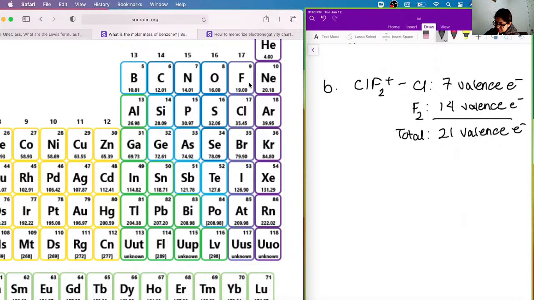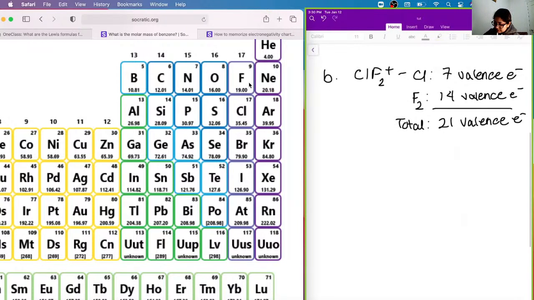Okay, and so now since we know that we have 2 fluorine atoms and 1 chlorine, we will have two bonds, and in those 2 bonds we would have 4 electrons being shared, right? And so we can basically draw this out now. We have chlorine, right?